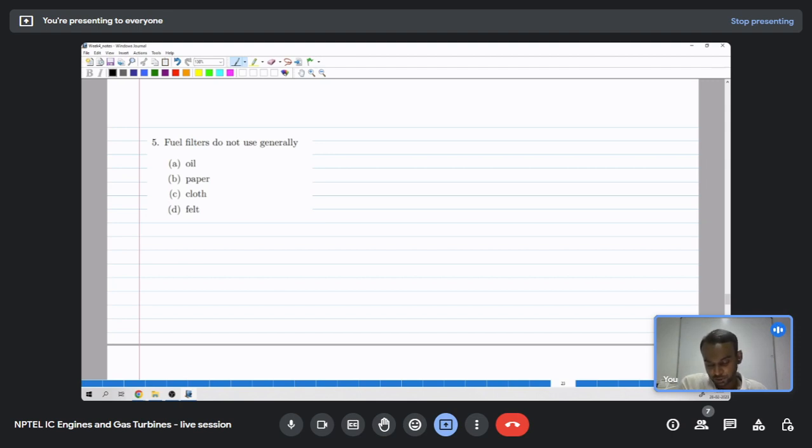Fuel filters do not generally use paper, because paper has a tendency of getting ruptured and getting into the fuel stream, and these paper particles will clog the fine injection holes. The injector will have very fine holes. As we saw in one of the problems, the orifice diameter was 0.949 mm.